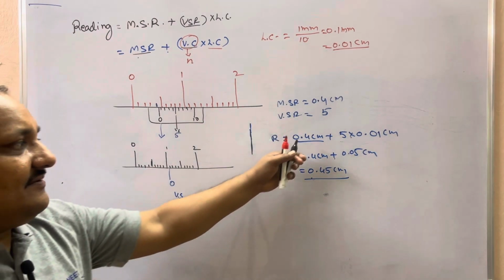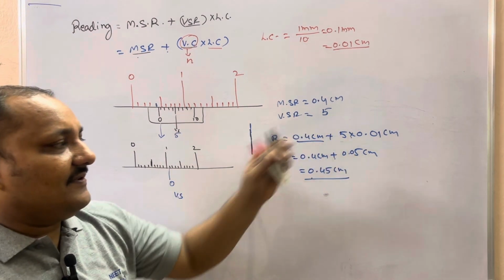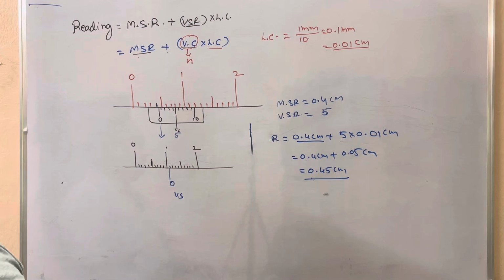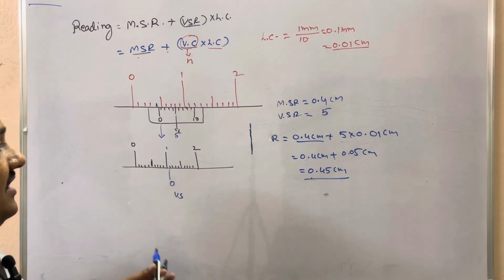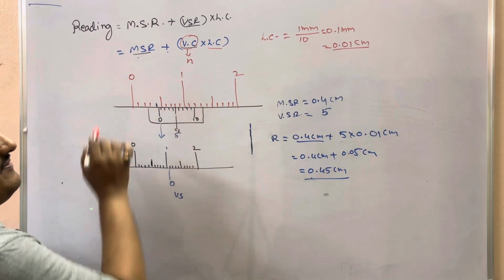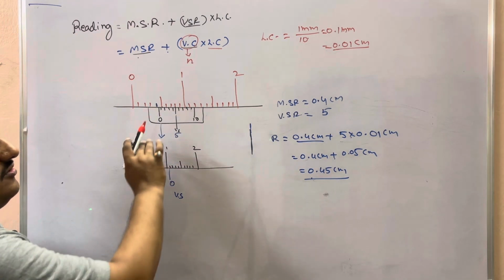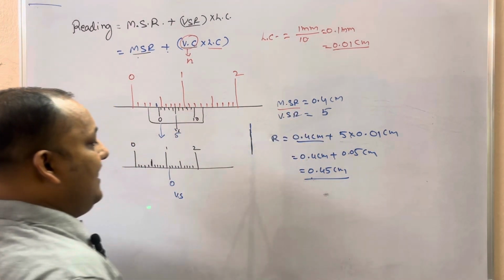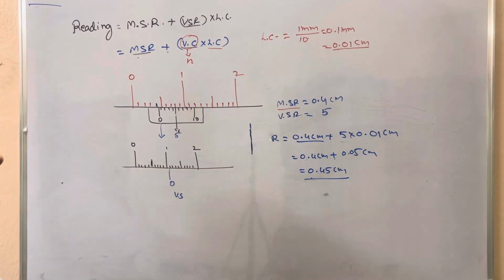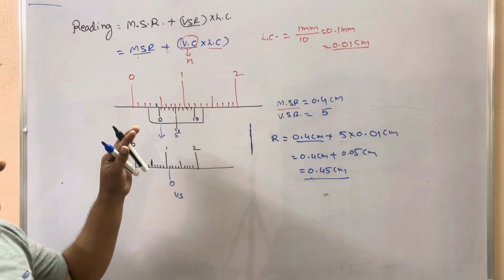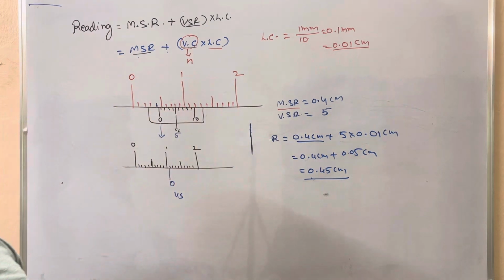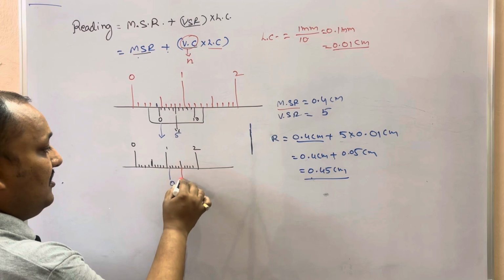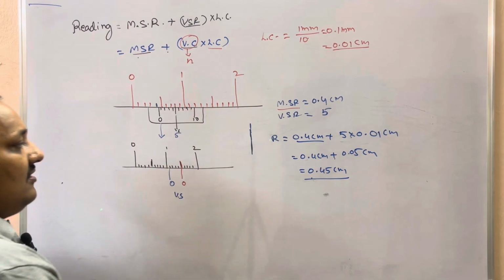If you write this one in millimeters, 4 mm, this one also you have to write in millimeters. So like this we are going to take. If 0 is crossing how much value on the main scale, that value is always MSR. So if it is crossing, we should take that value as the main scale reading.